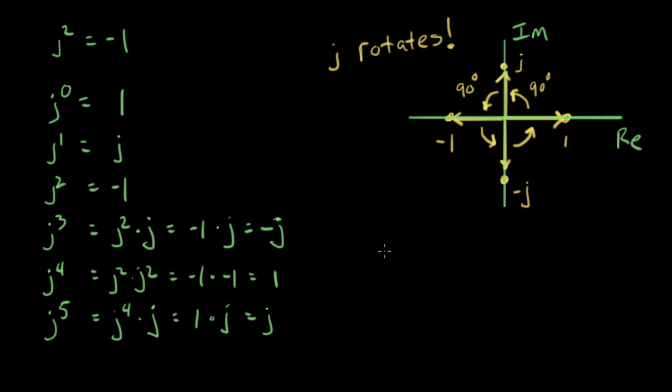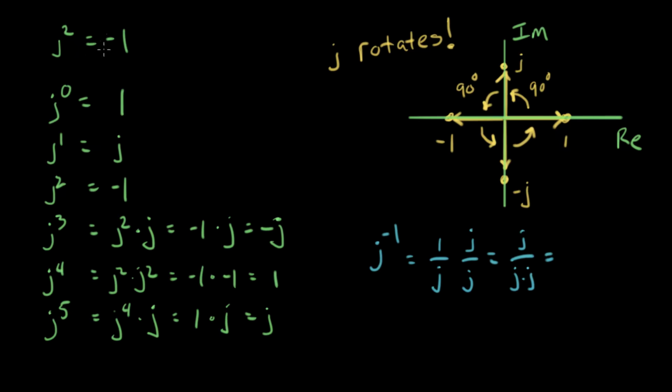So the last thing I want to mention is the negative powers of j. What happens if we have j to the minus 1? Let's figure out what that means. So that, of course, is 1 over j. And if I multiply this by j over j, and anything over itself is 1, so I haven't changed the value of this, that equals j on top over j times j, or j squared. And what is j squared equal to?